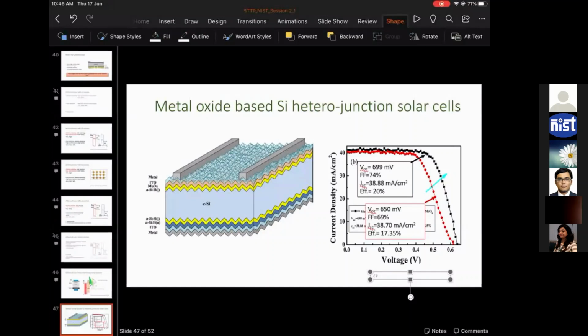So this will improve your path length of the light when the light enters the crystalline silicon. Once the path length of the light is improved, then you have more probability that this light will get absorbed, right? So what you do, you first etch the crystalline silicon to form this pyramidal texture. Then you deposit your other layers on the top of this texturization. So this will help you in improvement in current.